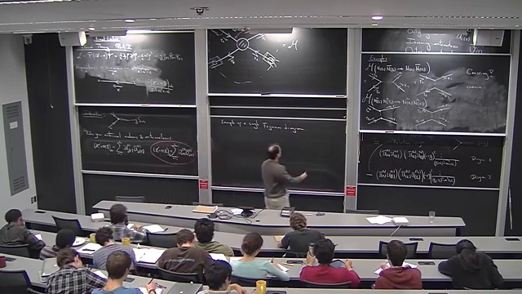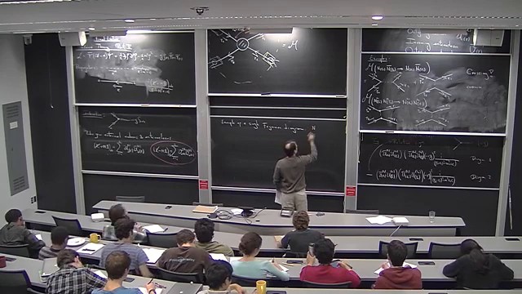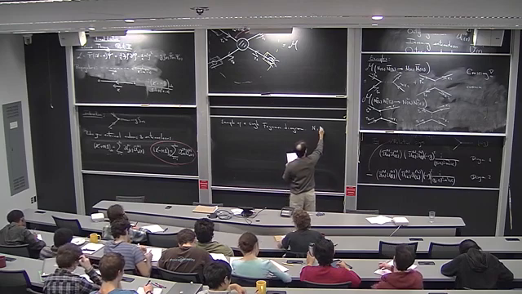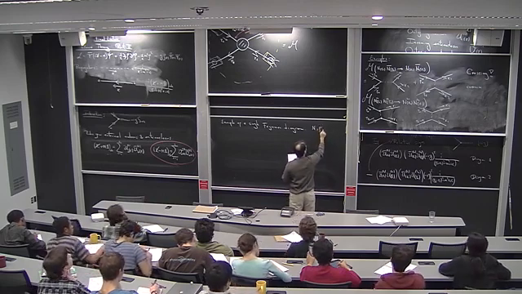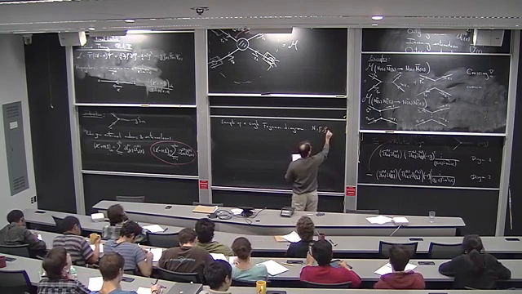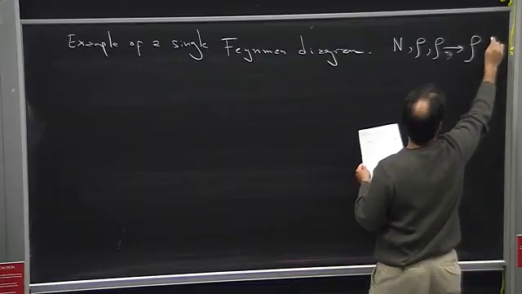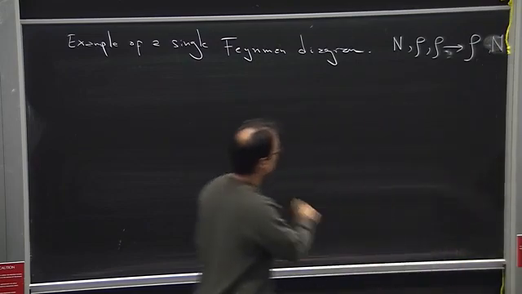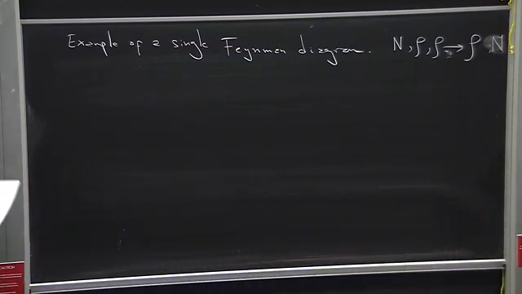It's a diagram where you have the interaction of a nucleon with a meson, actually with two mesons, which goes into a meson and another nucleon. We're going to draw one diagram that contributes to that.